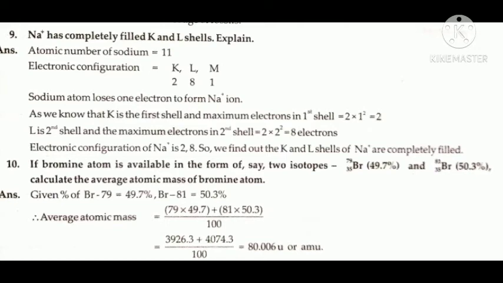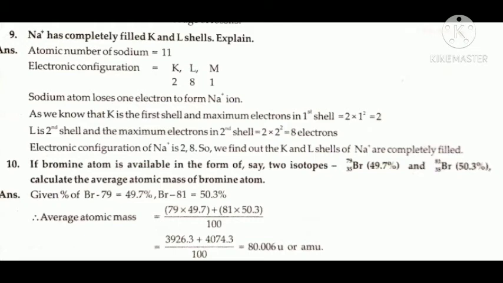As we know that K is the first shell and maximum electrons in first shell is equal to 2 into 1 squared equal to 2. L is second shell and the maximum electrons in second shell equal to 2 into 2 squared equal to 8 electrons. Electronic configuration of Na plus is 2, 8. So, we find out the K and L shells of Na plus are completely filled.